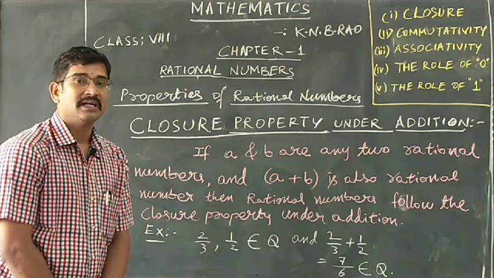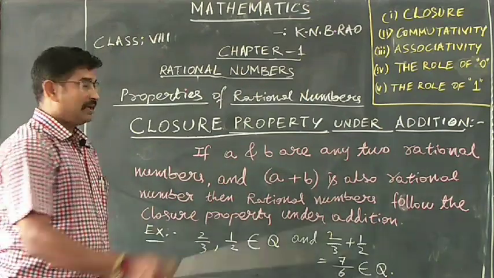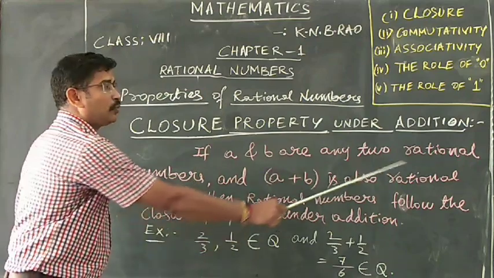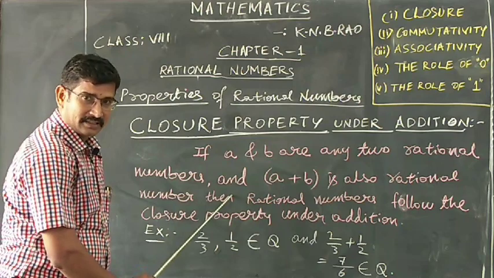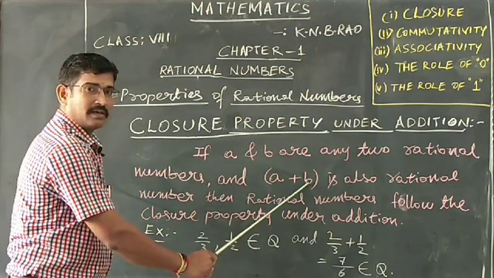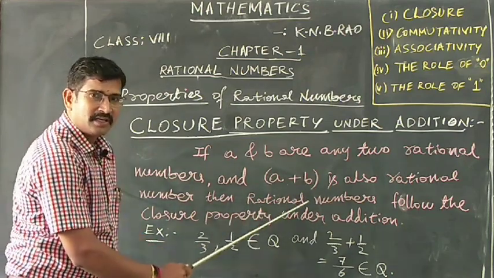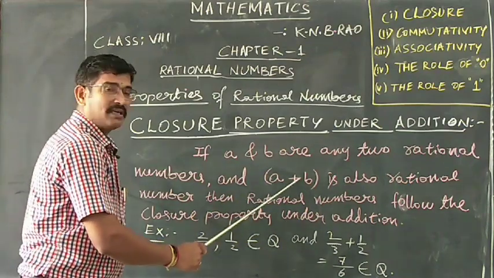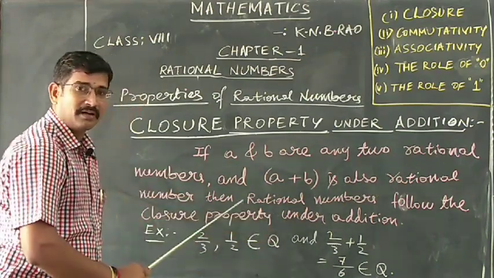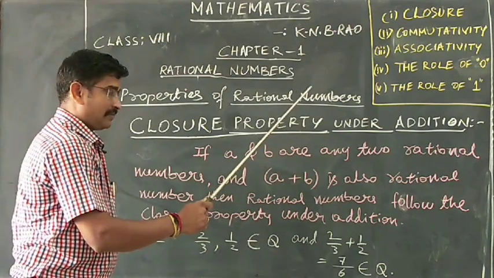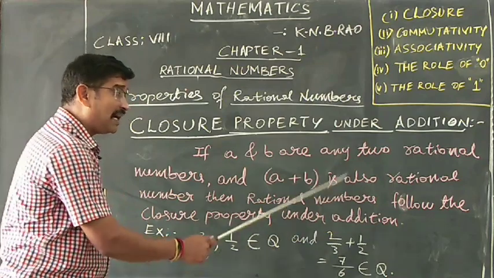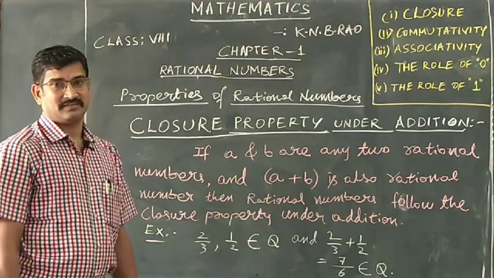How will the definition be? If A and B are any two rational numbers, what do you call A minus B? It is called the difference.